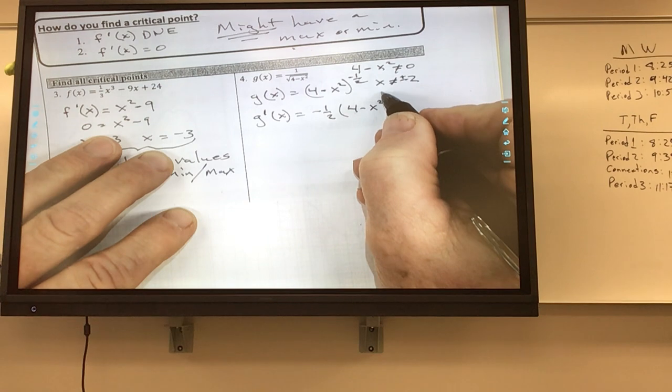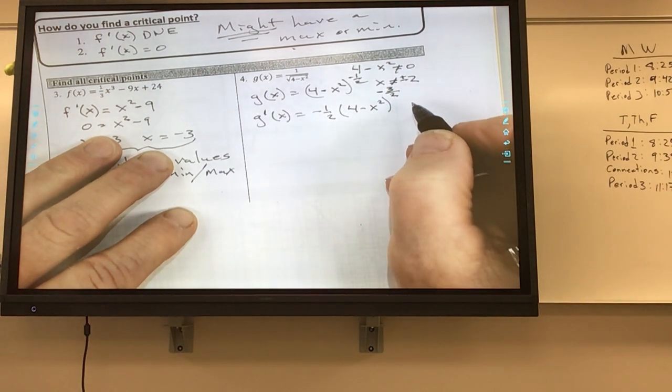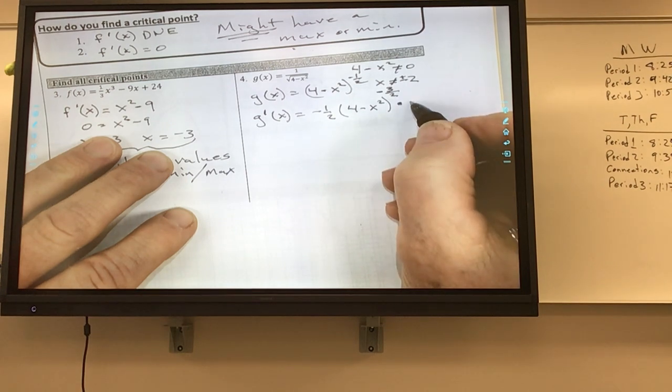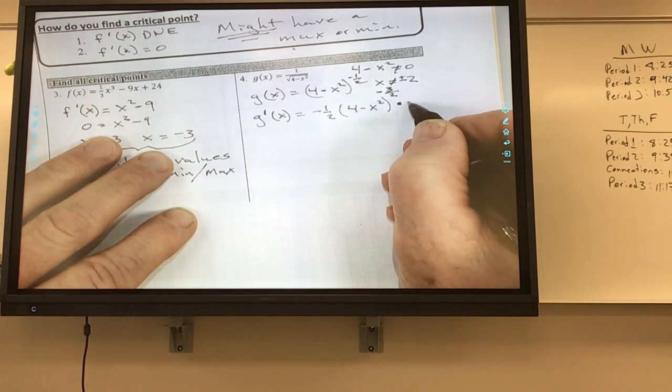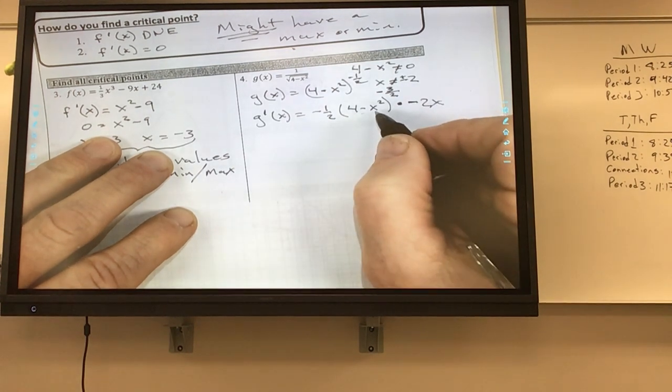To the -3/2. Perfect. Anything more? Yes, multiply it by negative 2x. That's the derivative of the inside. That's using the chain rule.